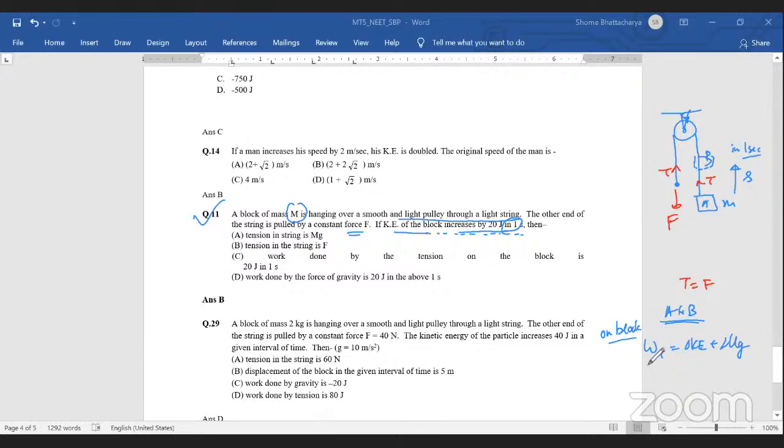So this will be the same thing as T into S. Okay, so that should be equal to change in kinetic energy plus mgs because it's increasing in height. Okay, so this quantity now is given to us as 20 joules. And this is mg into 1 meter.